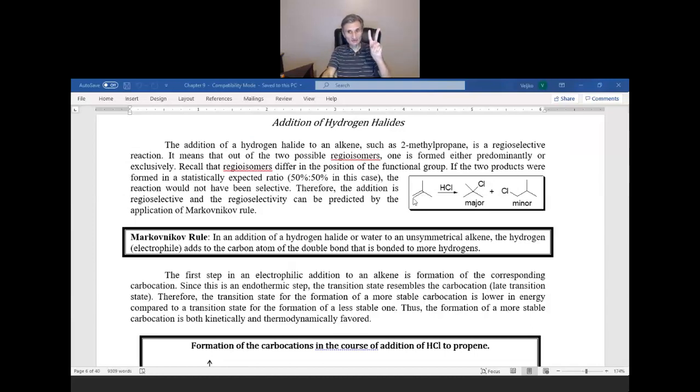It's bonded to two hydrogens. This one is just carbon. There are no hydrogens. So this carbon has more hydrogens. The hydrogen of HCl will bond to the carbon that has more hydrogens, and that's the major product. It becomes CH3. And of course, by default, chloride or chlorine ends up on carbon 2.